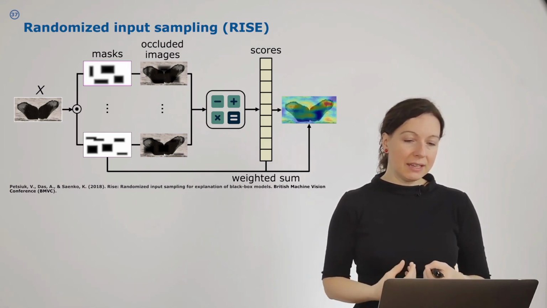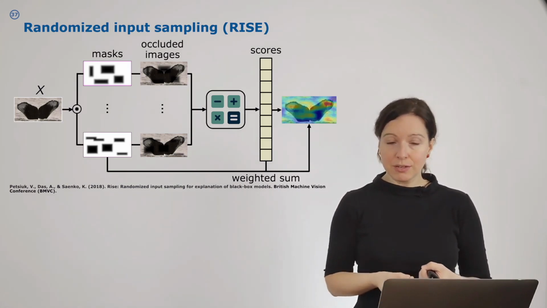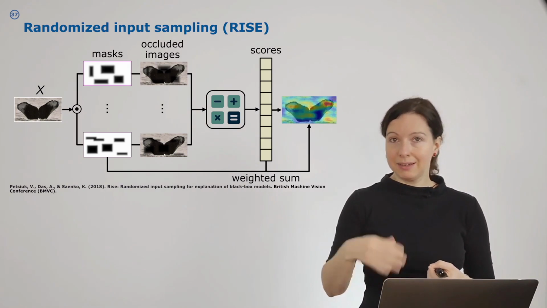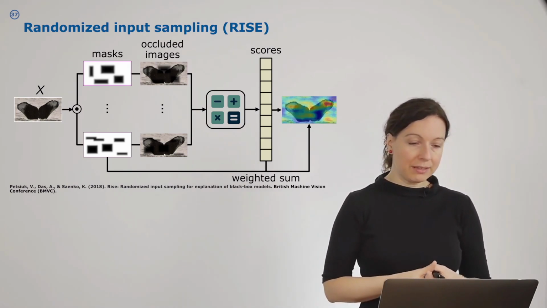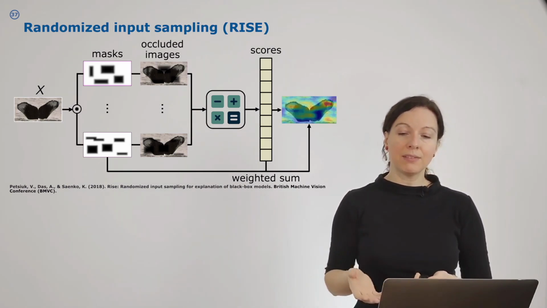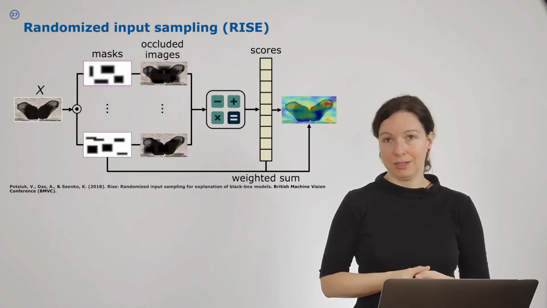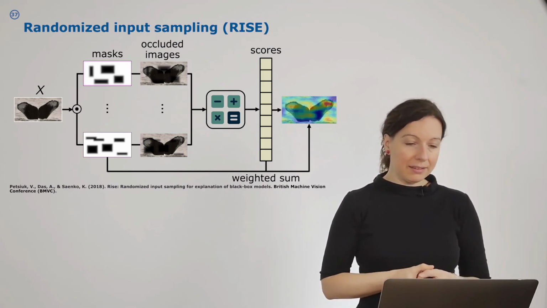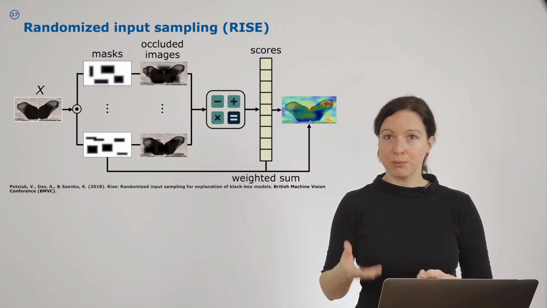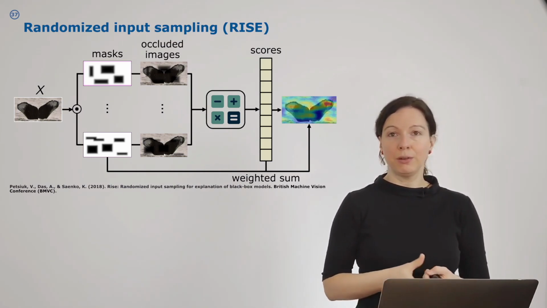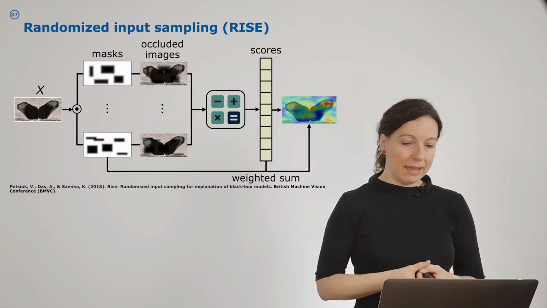So what is done here is that random masks are generated, and I will tell in the next slide how they are generated. And random masks are used to dim the image signal. And this is done by multiplying the image with a mask, which has values between 0 and 1.